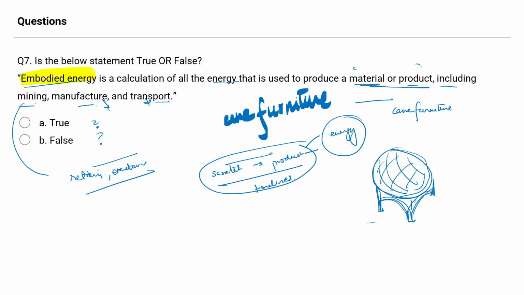Although it's not directly present in your week's content, from a learning point of view, it is very relevant, because the content also talks about embodied energy, and it can help you in understanding it more.